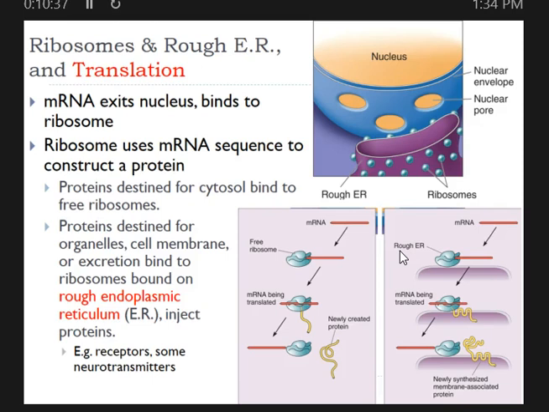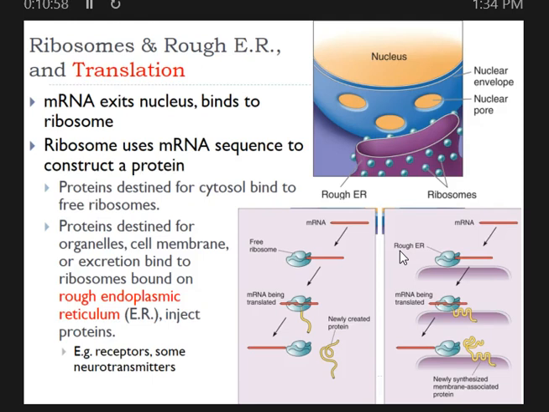Like if you're making a receptor for a neurotransmitter, you'll directly embed that protein in the membrane of the endoplasmic reticulum. And then from there, that protein and even that little snippet of membrane it's embedded in will be transported over a series of steps to the cell membrane's surface.